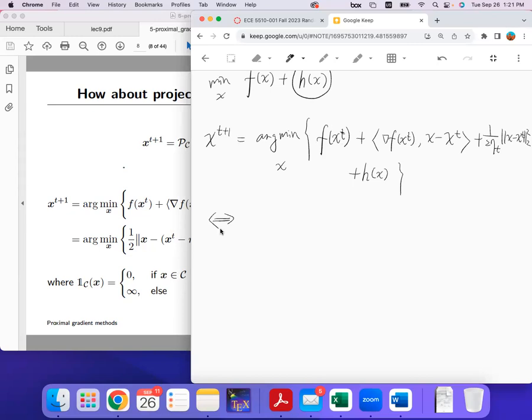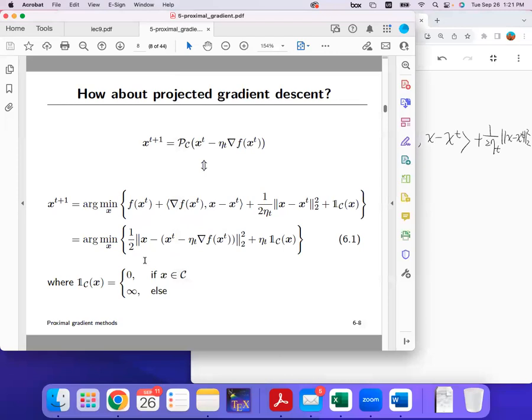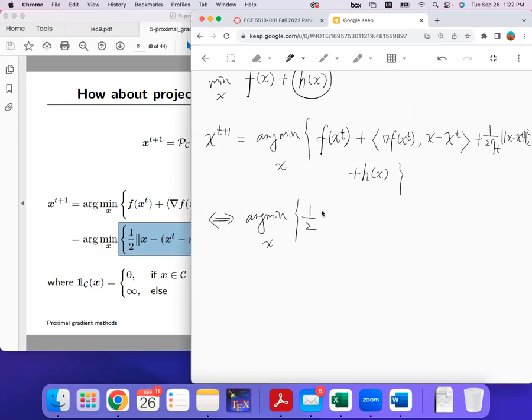And you can show that by simple algebra, you can just rearrange things, complete that square. You can show that this is equivalent to the following. These are constants. You complete the big square: 1/2 times (x minus xt minus eta t gradient) plus eta t H(x).